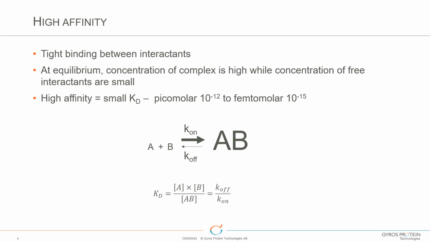And so again, this high affinity gives us a KD that's small, picomolar to femtomolar. Yeah, I think the important thing to consider is the higher the affinity of an interaction, the longer it actually takes to reach equilibrium. So with high affinity interactions, you actually have to leave the reaction longer.